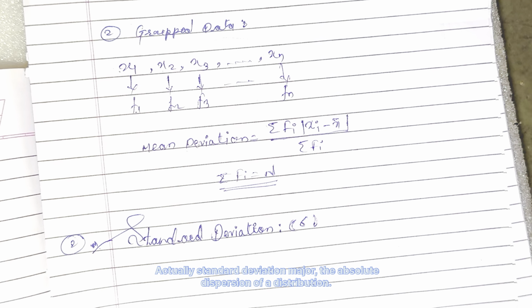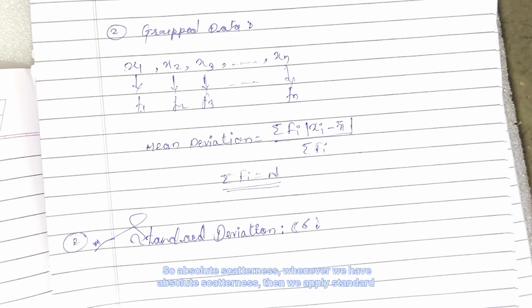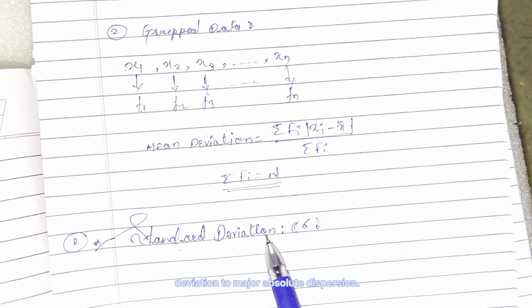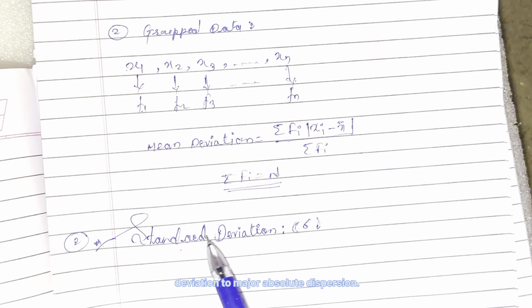Standard deviation measures the absolute dispersion of a distribution. So whenever we have absolute scatteredness, we apply standard deviation to measure absolute dispersion.